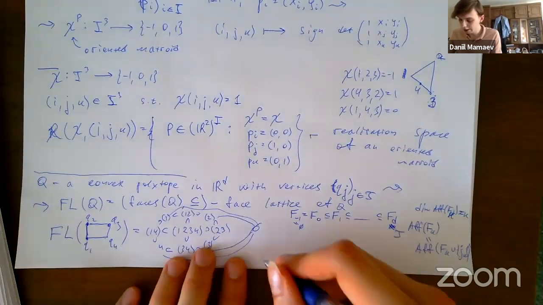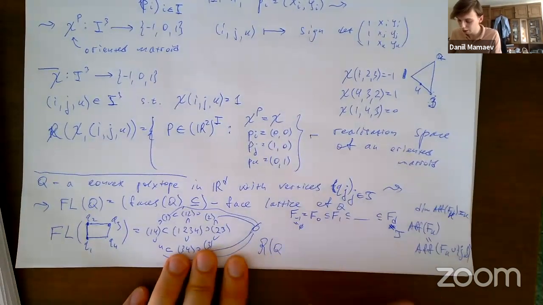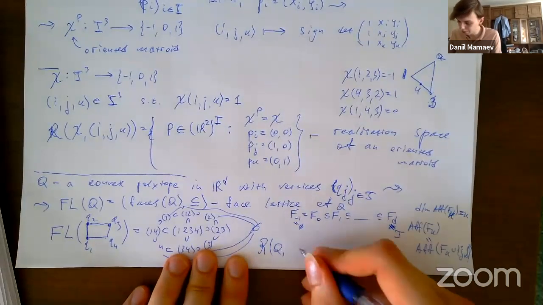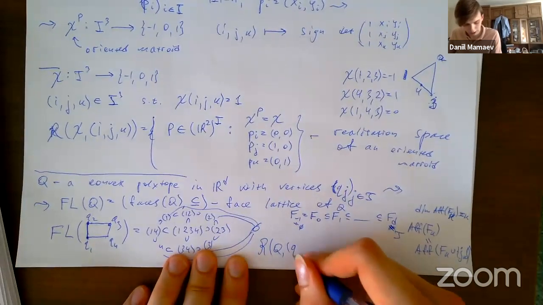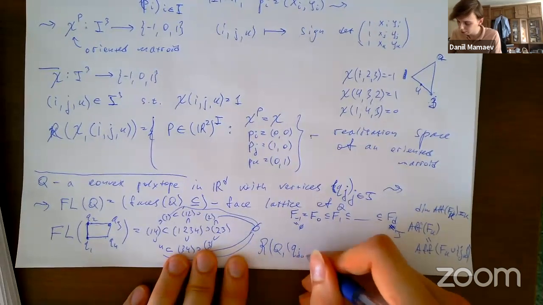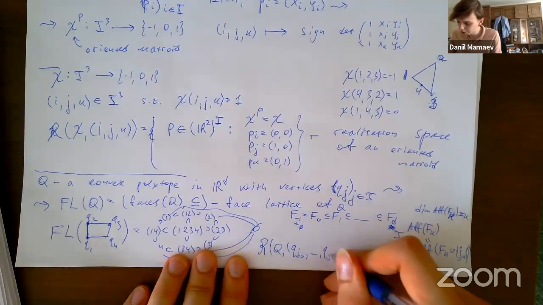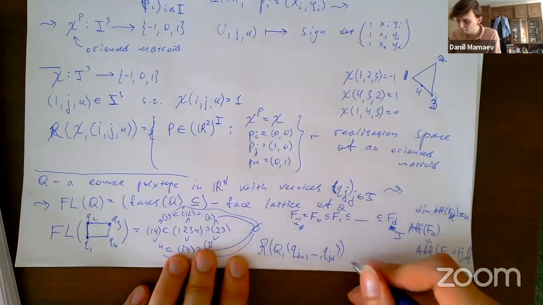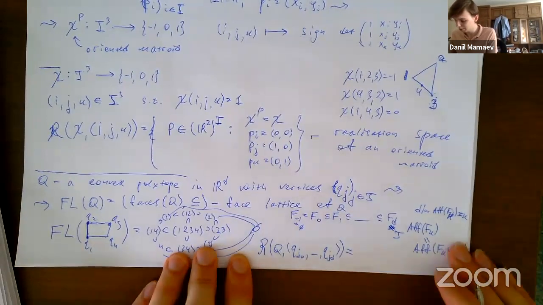And what is a realization space of a polytope with a fixed flag? Well, we get a collection of d+1 points. Sorry, do I have enough space here?